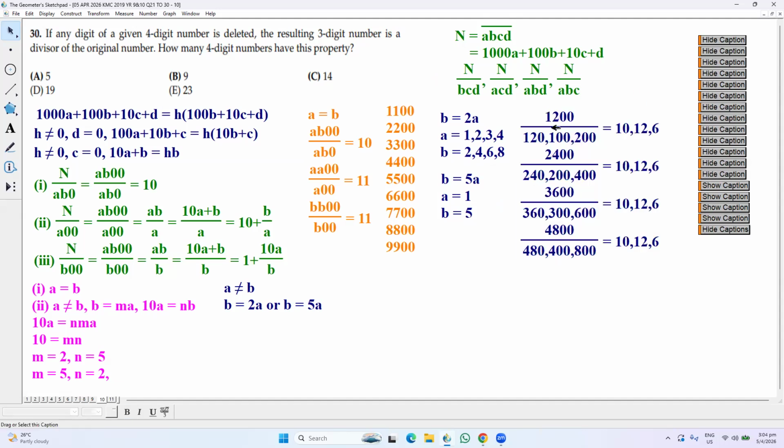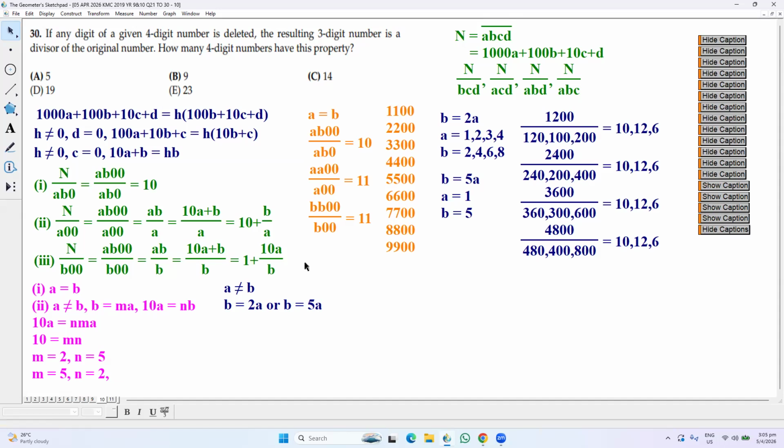The example, if B is 2A, then 1, 2, B is double, so 1, 2, 0, 0. Remove the 0, you divide by 120. If you remove the 2 and divide by 100. If we delete the 1, we divide by 200. So we get 10, or 12, or 6.